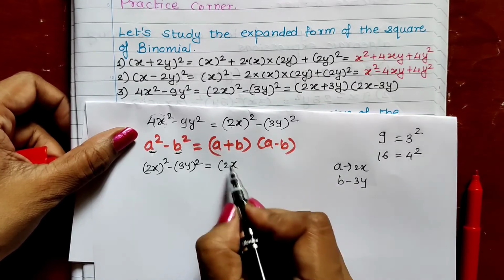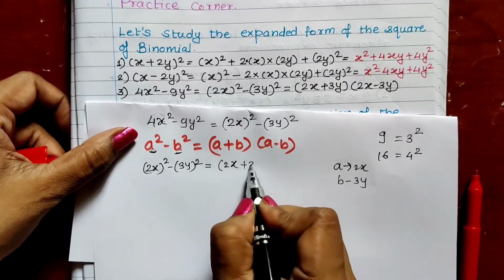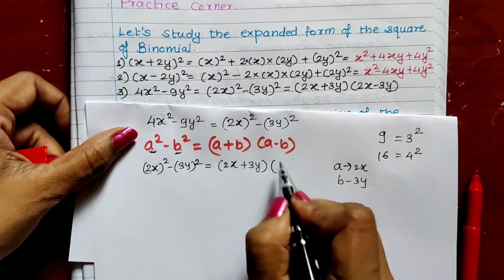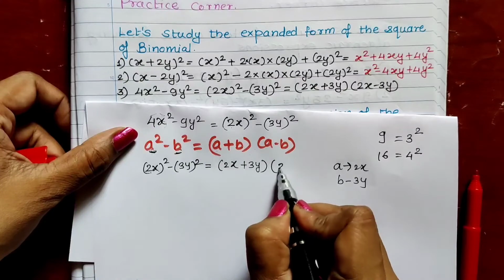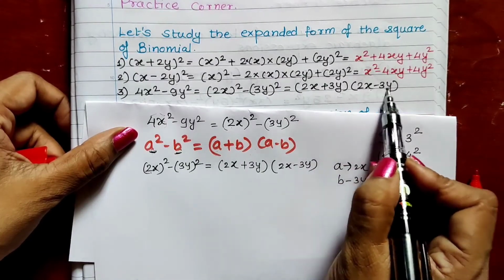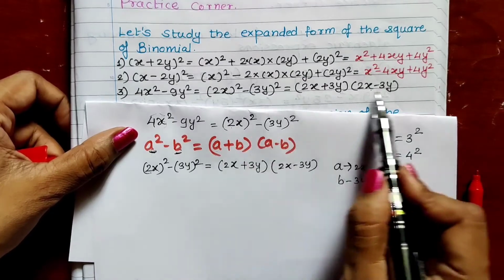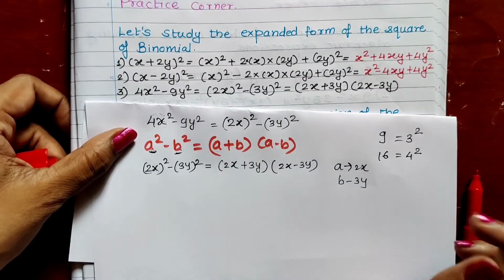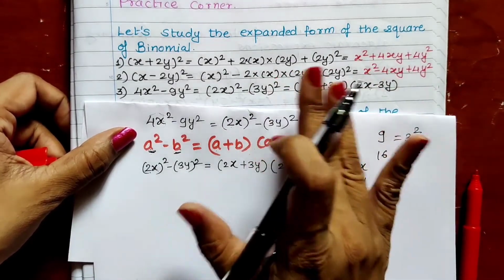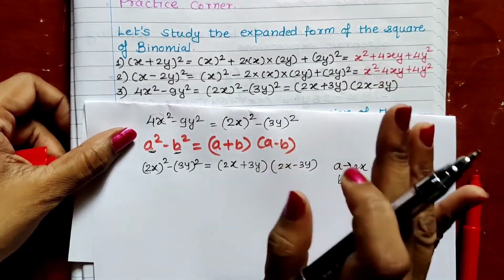In place of a we will be writing 2x, in place of b we will be writing 3y. Write the formula as it is. Then a minus b, that means 2x minus 3y. So answer is 2x plus 3y, 2x minus 3y. In this way the expansion is done. Okay, so this is the solved example which you all have to practice.